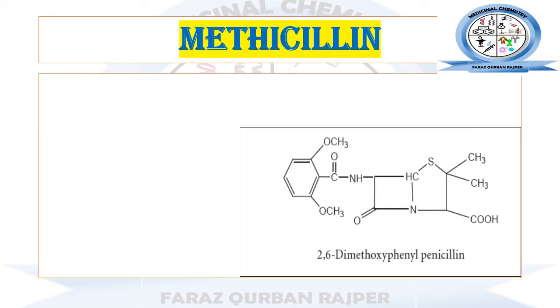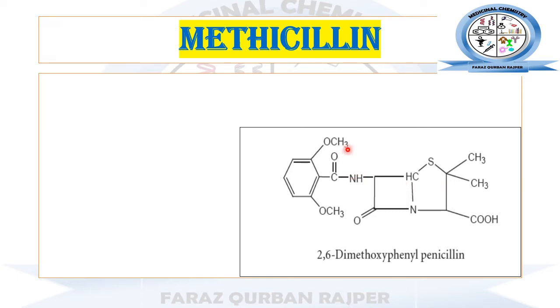So this is the chemical structure of methicillin. You may observe that this region is the beta-lactam ring, and this is the thiazolidine ring. All other common structural features required for the essential antibacterial activity of penicillin are the same.